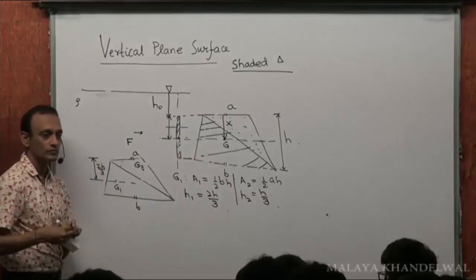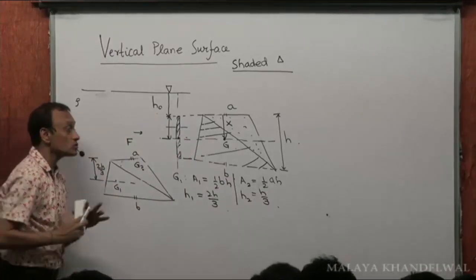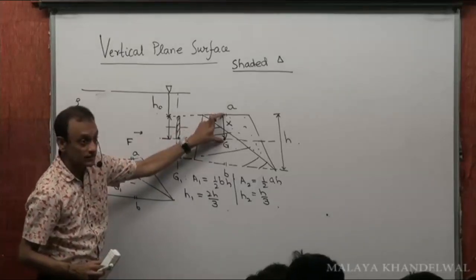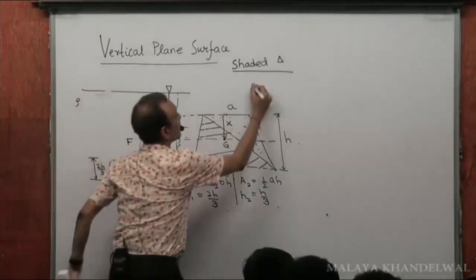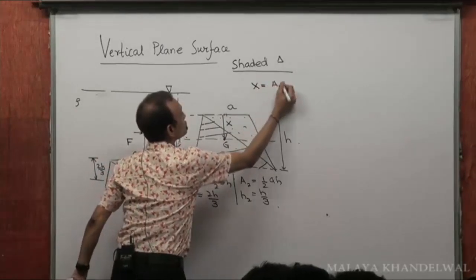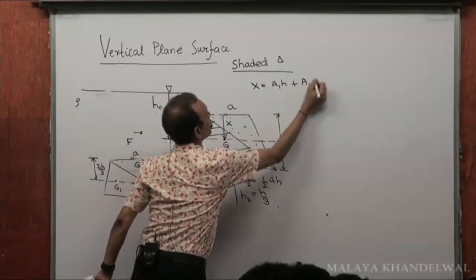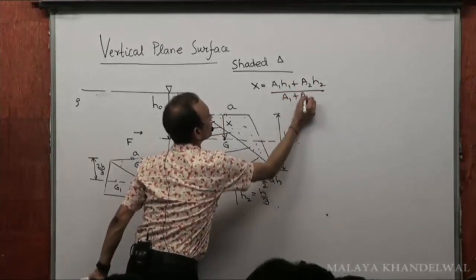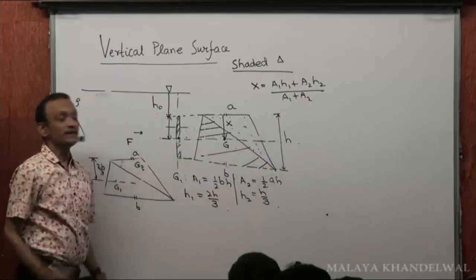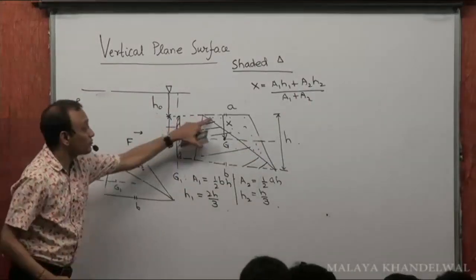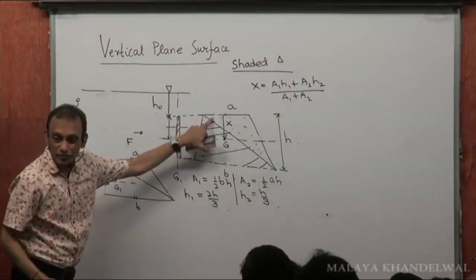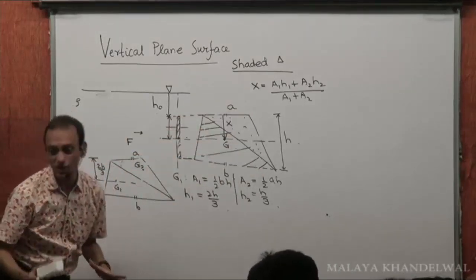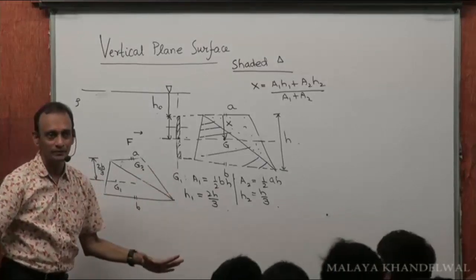Yes or no? Right? So, the position of the center of gravity, x, from this is going to be given by what? X would be A1 H1 plus A2 H2 by A1 plus A2. You can obtain the depth from the side A of the center of gravity of this trapezoidal lamina. Yes or no? Do you all understand whatever I'm saying here?